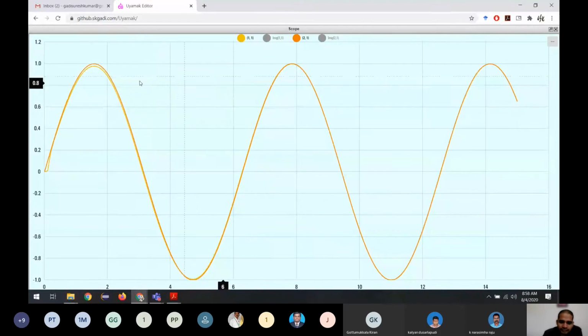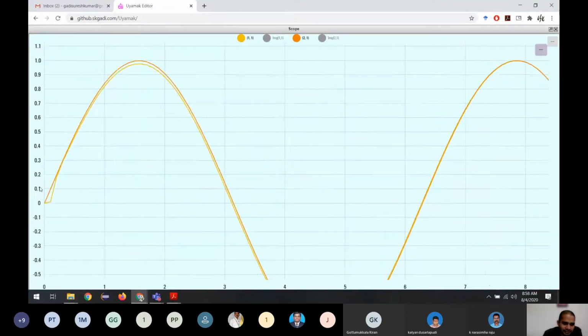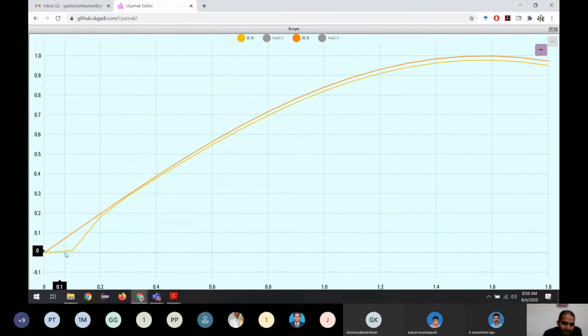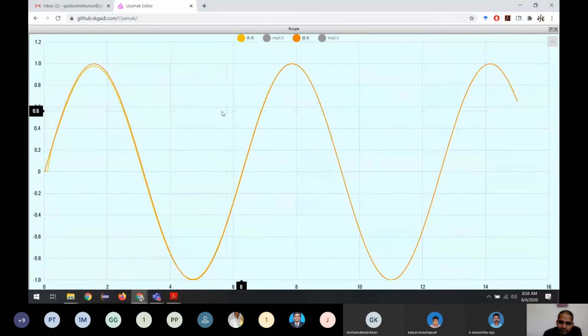Okay, so we are running the simulation for 15 seconds and you can see in the initial stage, this yellowish orange or golden color is the reference. We can see as the time goes, the reference and the actual output are coinciding with each other.